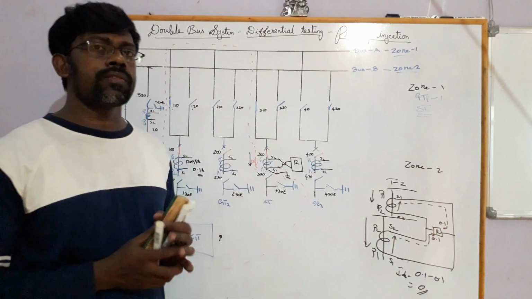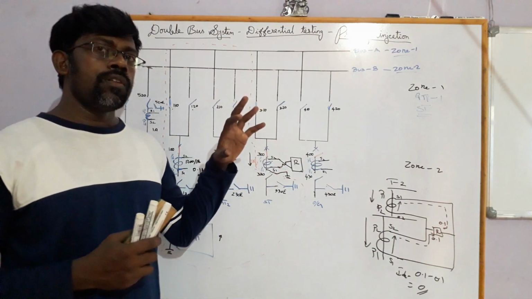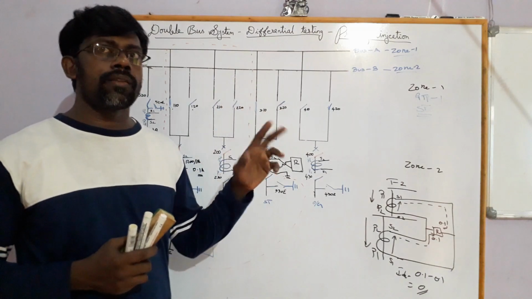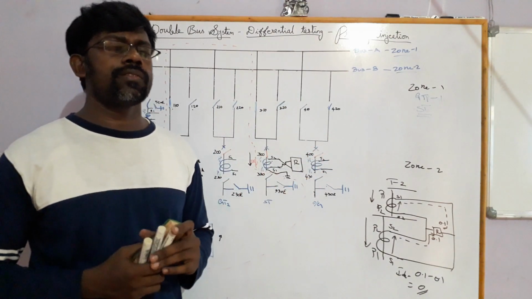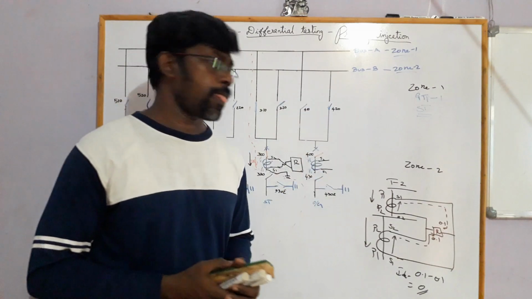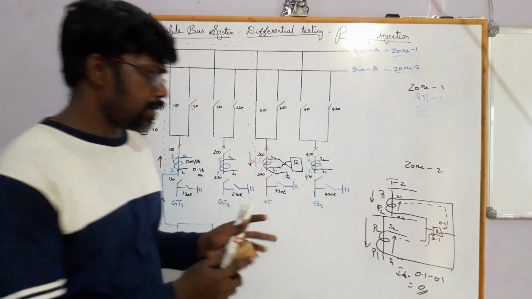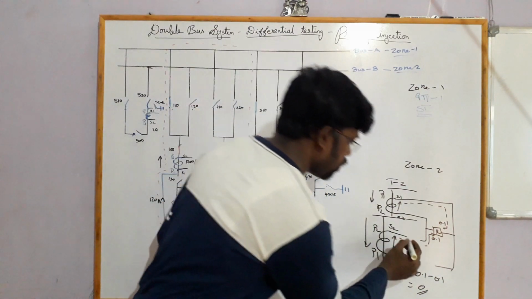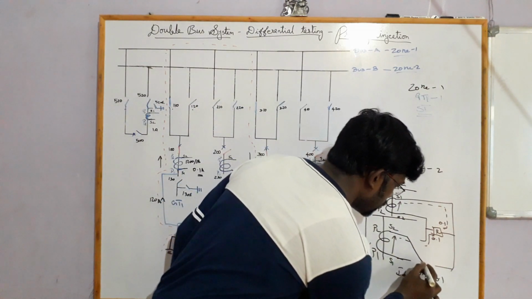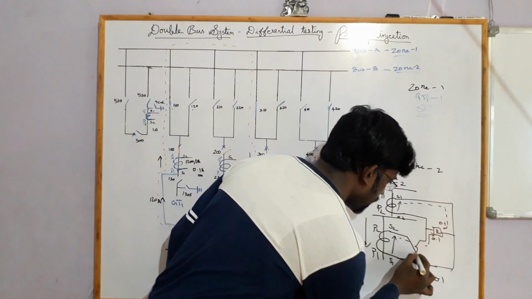Actually, for three phase, we have to change the star point on the S1 S2 side, where S2 is at the star point. That is enough for reversing polarity. Let's try. We reverse the CT polarity, so now the CT polarity is reversed here.